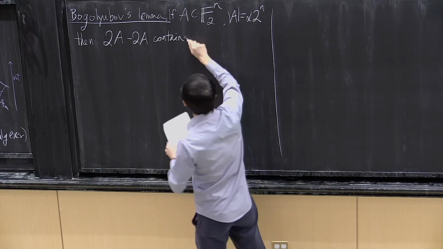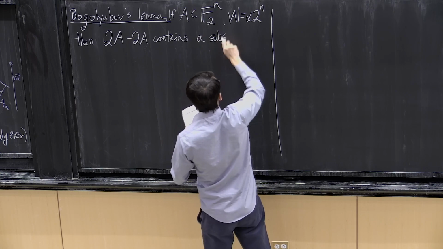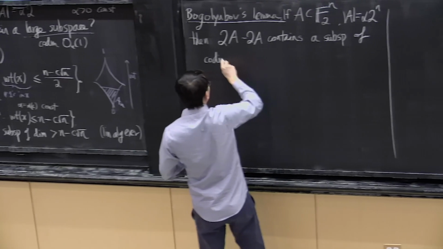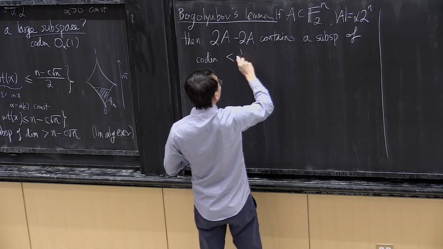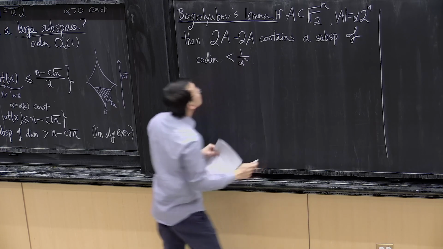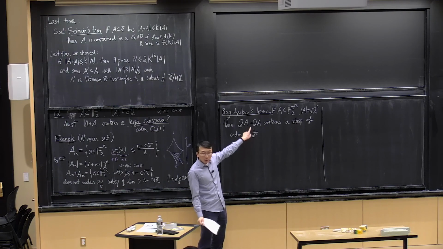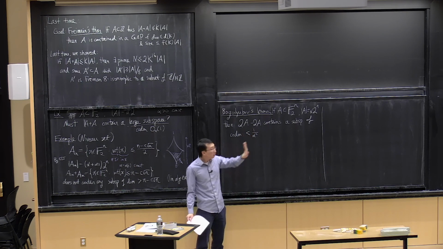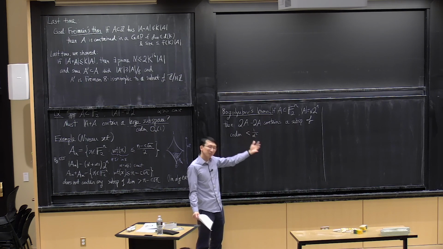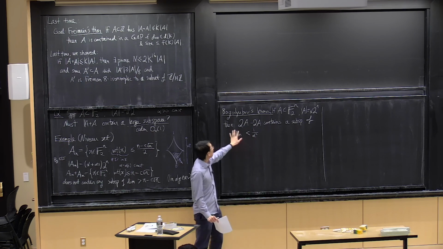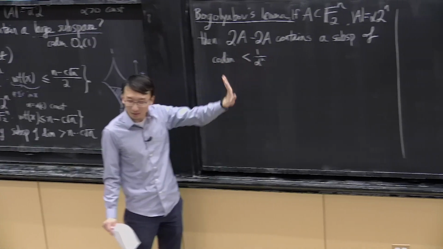So 2A minus 2A contains a subspace of codimension less than 1 over alpha squared. Here I write 2A minus 2A even though we're in F2, so this is the same as 4A, but in general, and you'll see later on when we do it in integers, 2A minus 2A is the right expression to look at. So 2A minus 2A, something that works in every group, but for F2 to the n, this is the same as 4A.